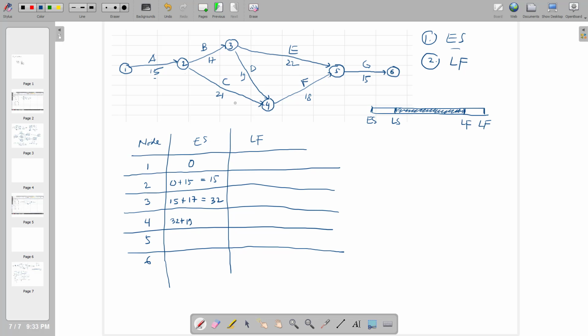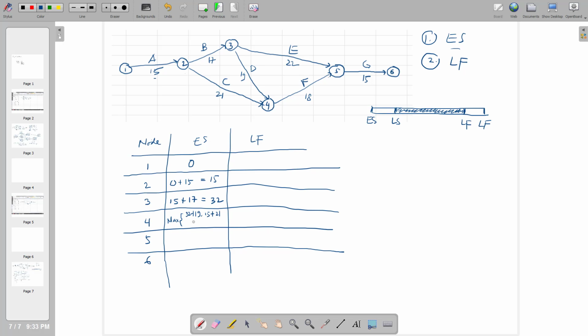Remember that for the forward pass, we choose the maximum one. So I'm going to erase this one first. The right thing for node number 4 is to choose the maximum value between 3, which is 32, plus 19, or 2, which is 15, plus 21.